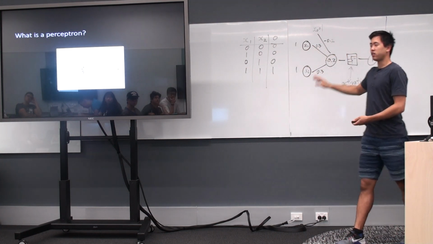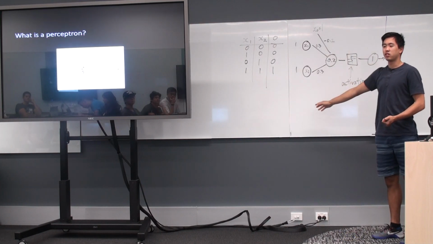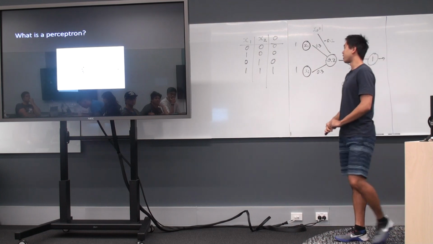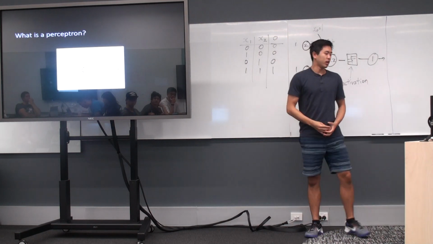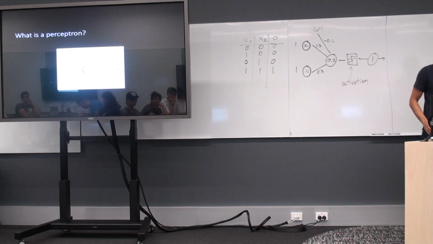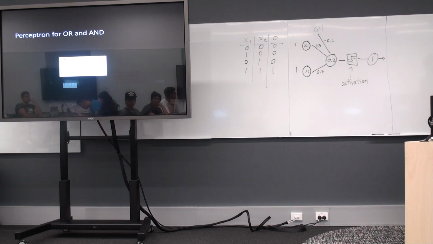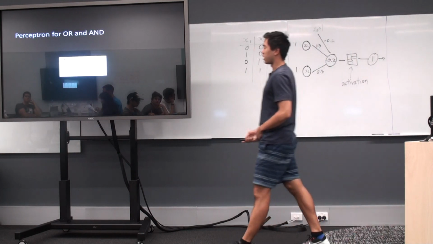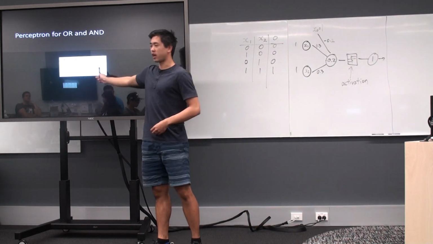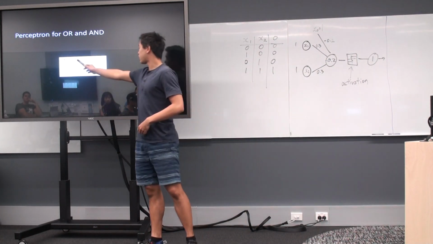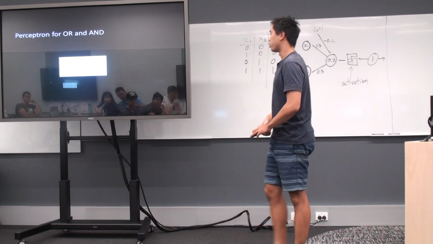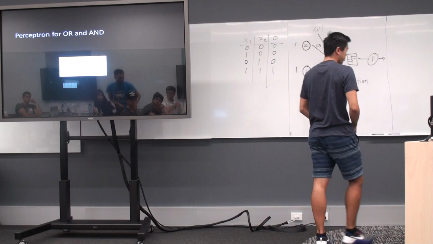But how do we find these weights? That's called Perceptron Learning, and I'll go into a bit of that later. As I mentioned, in the very simplest case, we just have 2 inputs and 1 output. The inputs x1, x2 are either 1 or 0, and the output again is either 1 or 0.